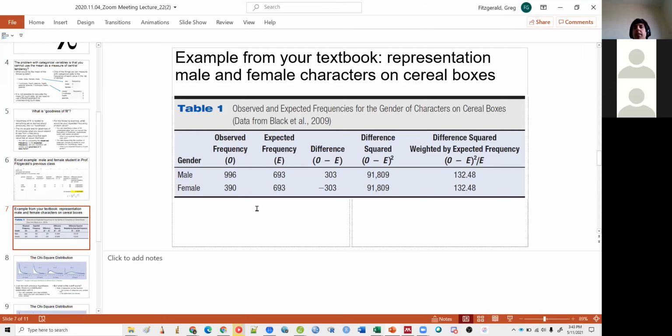You would expect more male characters portrayed on cereal boxes, because the cereal would be advertised to boys who are interested in sports with male athletes, and putting male athletes on the boxes is a way to sell the cereal. It's not clear in this example what proportion you would expect. How many more male characters would be portrayed on the cereal boxes? Would it be twice as many as the female characters, 5 times as many? But whatever the case, you would not expect an exactly 50-50 split of male and female characters on these cereal boxes.